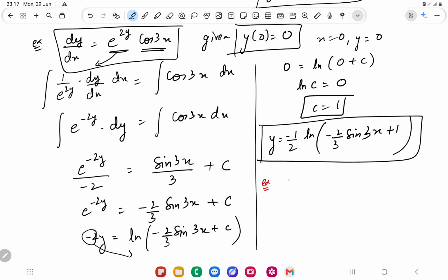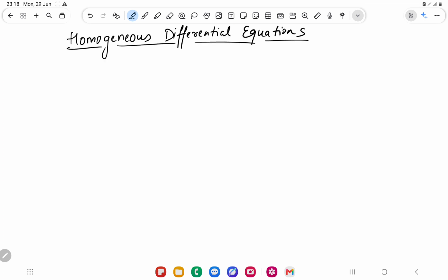Now you can try this question and put your answer in the comment box. 3x upon cos y, and what is given to me is y1 is equal to 0. It means you have to find the particular solution for this given differential equation.